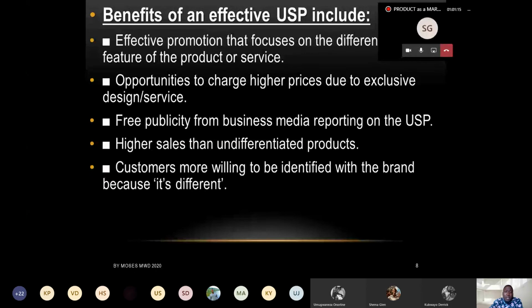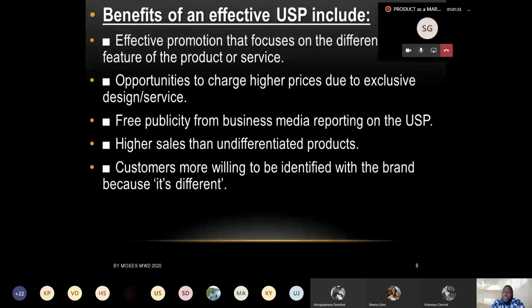Customers are more willing to be identified with a brand because it's different. You buy something unique, like people who have iPhones, they are always near mirrors, taking pics. They want to be identified as owning an iPhone.